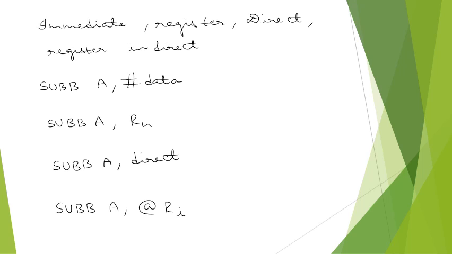SUBB A, @Ri for register indirect addressing mode. So the example is SUBB A, #25H. So this will perform A minus 25H minus carry flag, and the result will be stored in A. Similarly, SUBB A, R2. So this will perform A minus content of R2 minus carry flag.